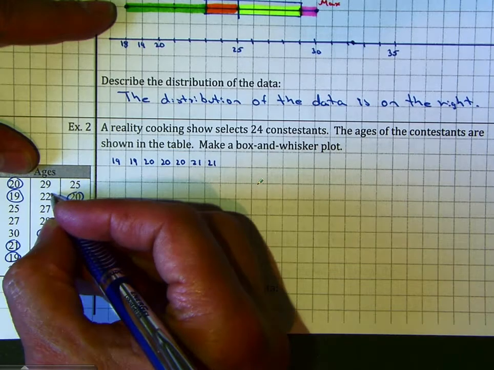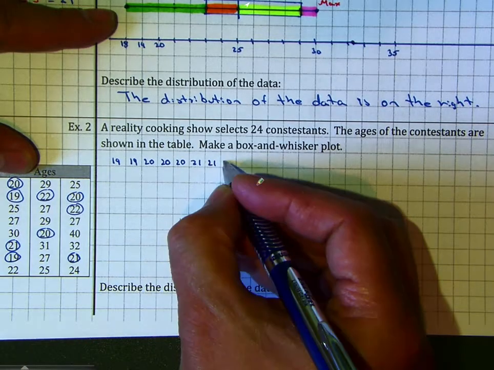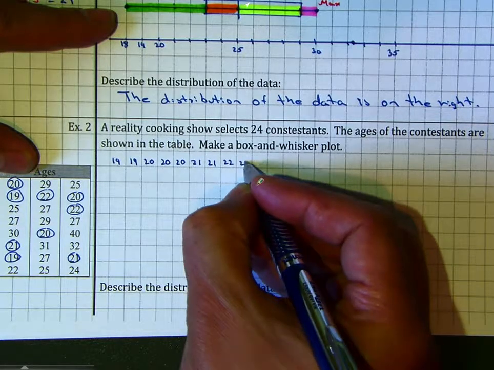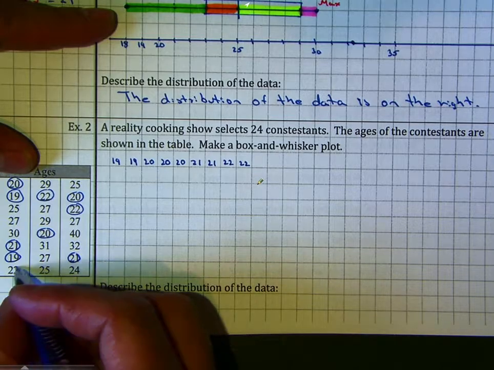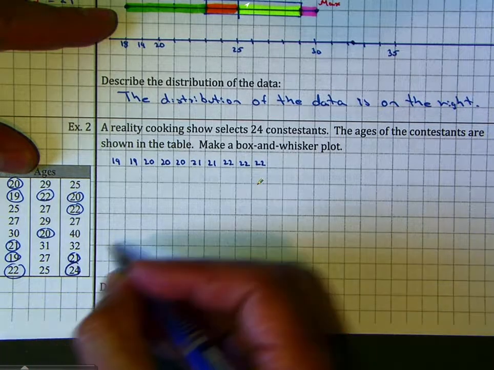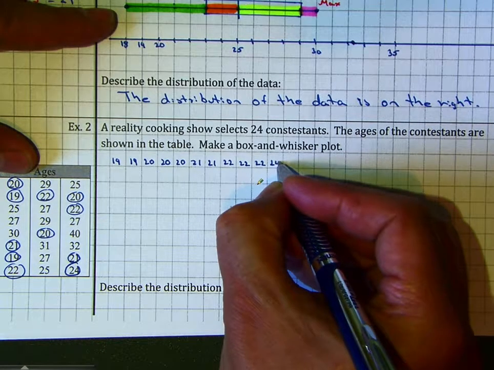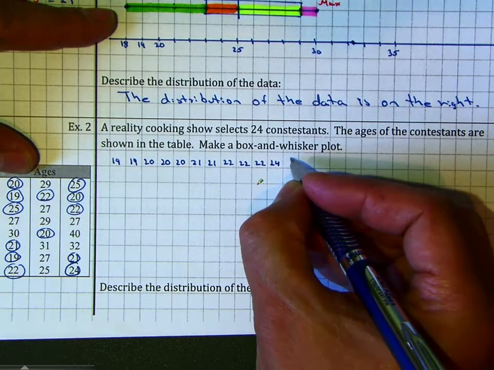We have 22. Two 22s. We have a 24. Another 22. We have a 24. We have a 25. Two 25s.